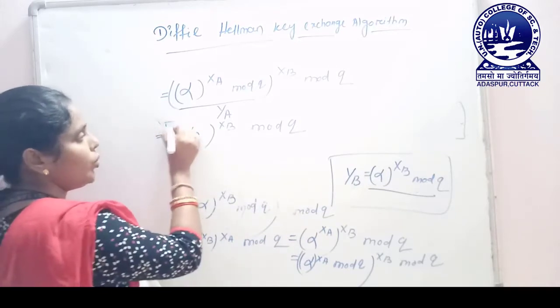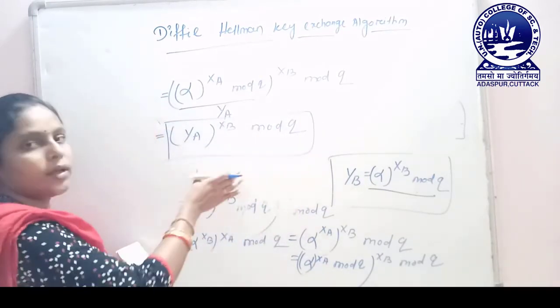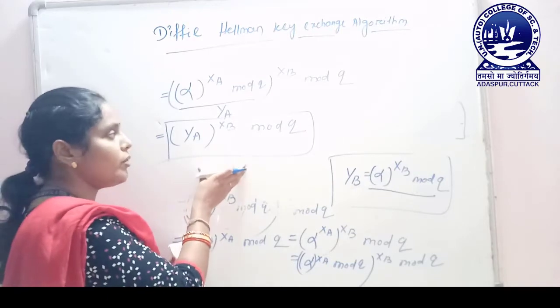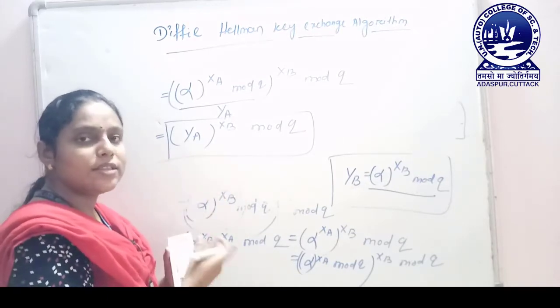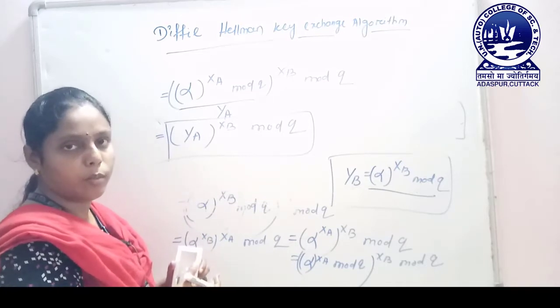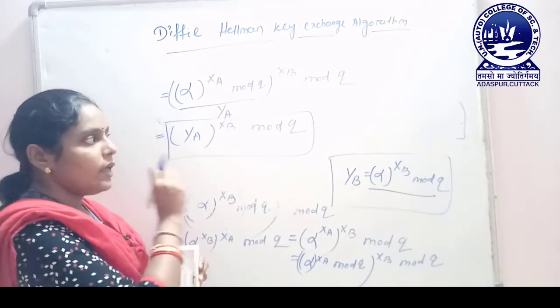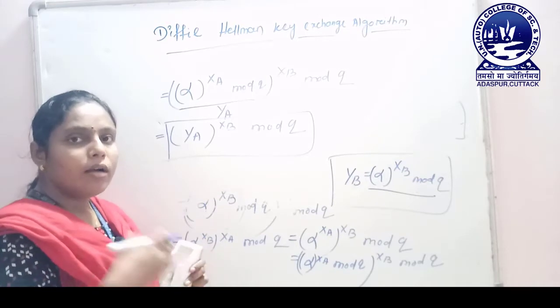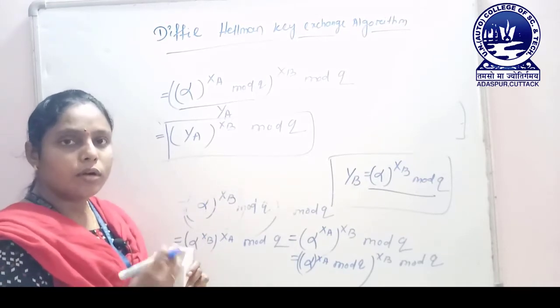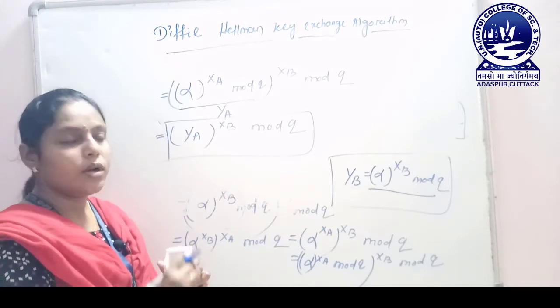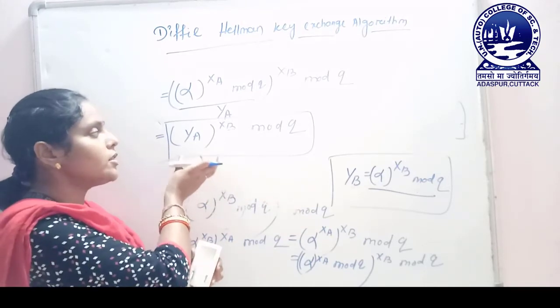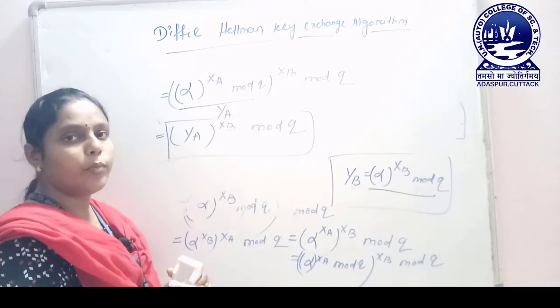Now look at this value. This value is nothing but the value of the secret key which is generated by Bob. Here I am taking the secret key value of Alice, and from this secret key value I am deriving the secret key value of Bob.